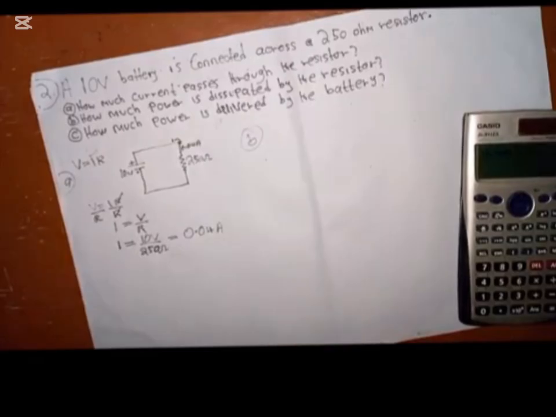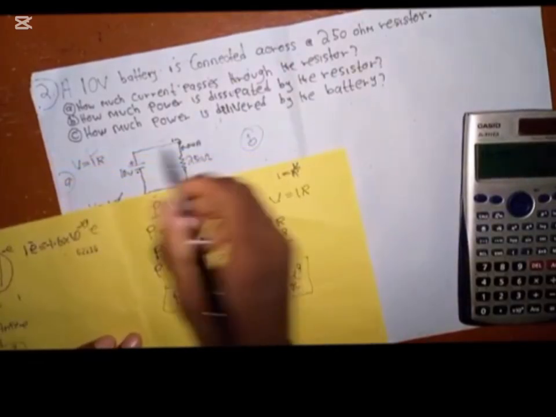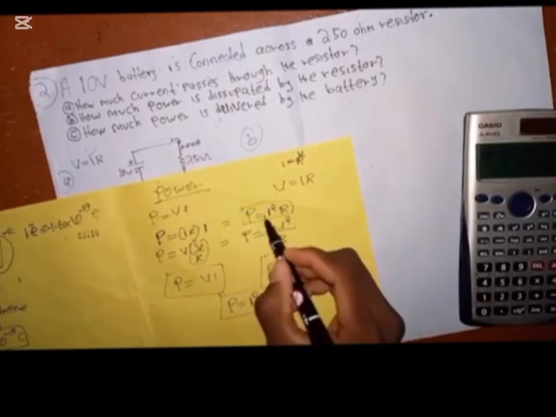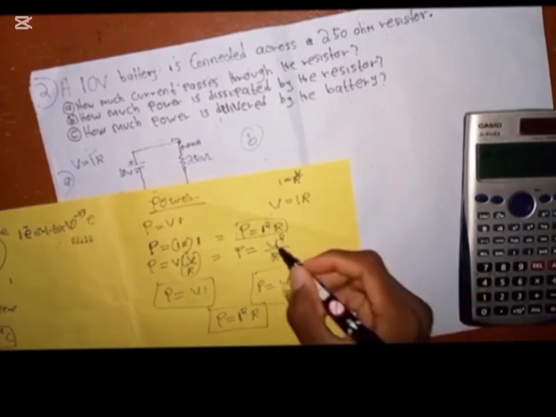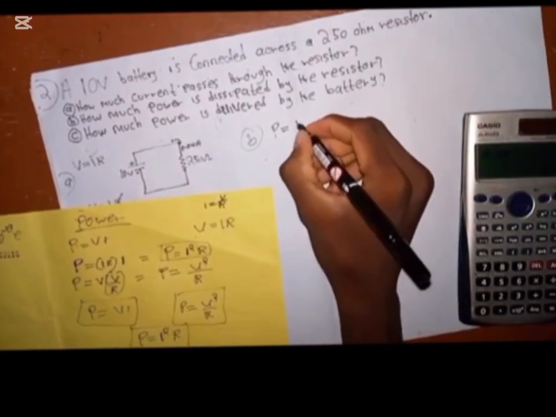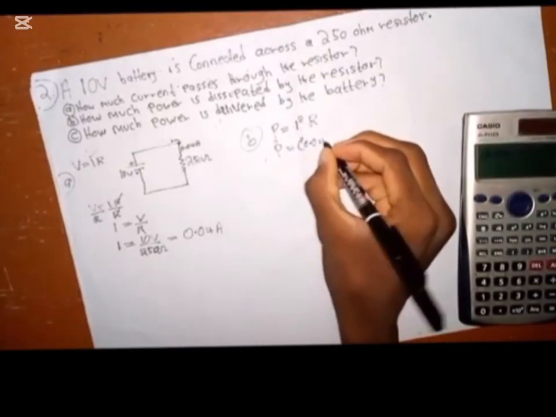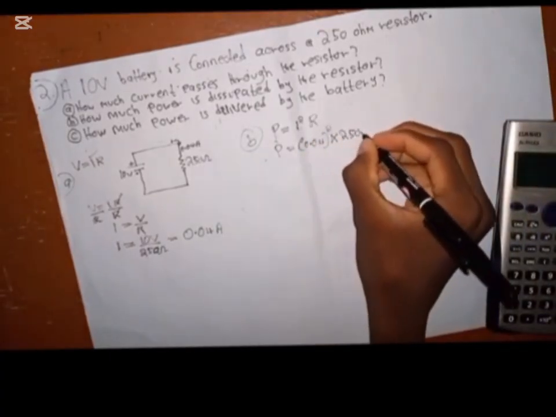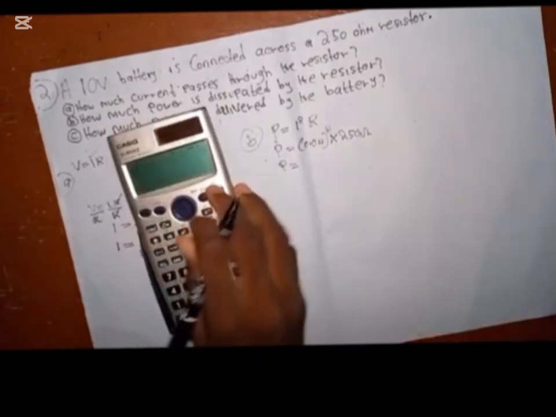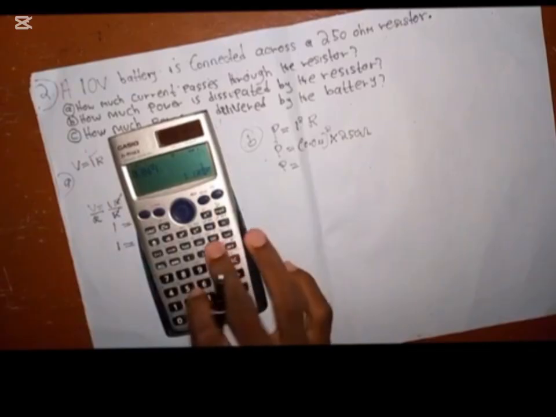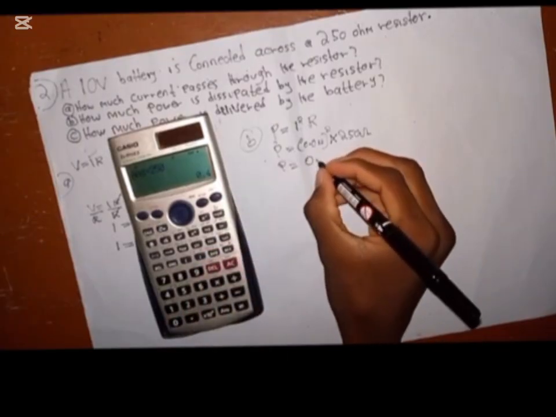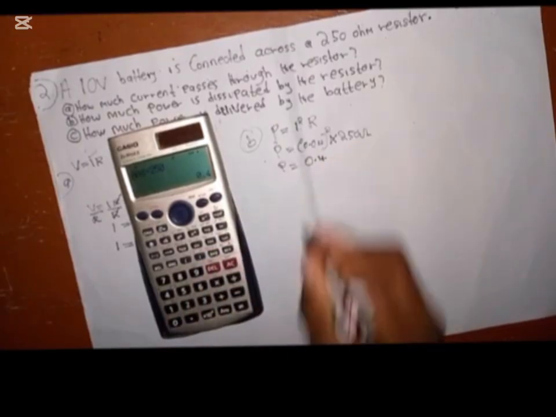We can recall our formula for power dissipated by a resistance: P is equal to the current squared times R. So power is equal to 0.04 squared amps times our resistance of 250 ohms. 0.04 squared is 0.0016, times 250 ohms, which is equal to 0.4. So that's our power, which is in watts.